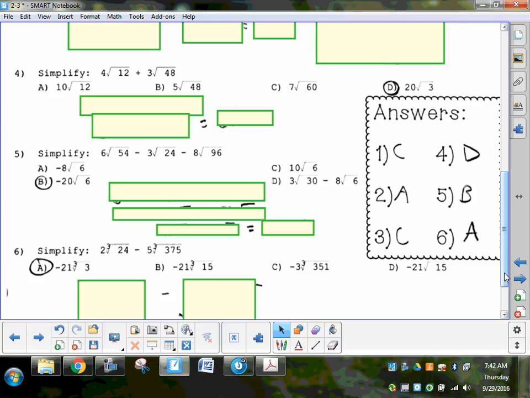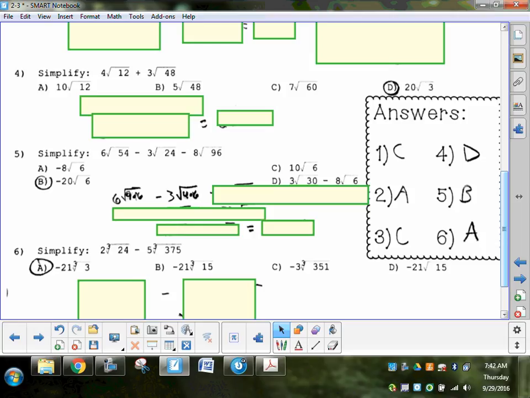Tyler? 9. 9 times what? Okay, so I break this down, and there's a 6 in front. What about 24? Jess, what's the biggest perfect square that goes into 24? 4 times what?